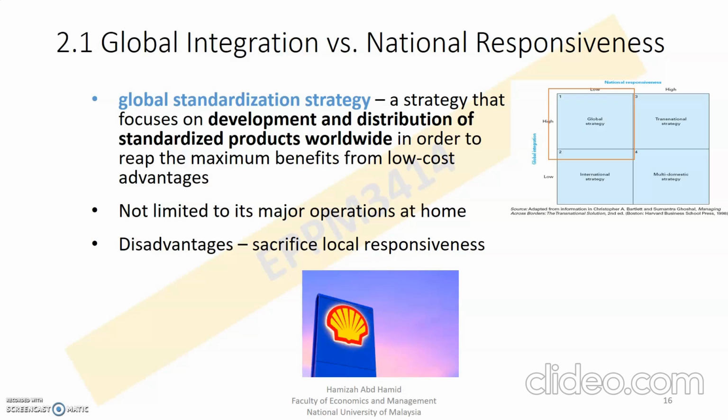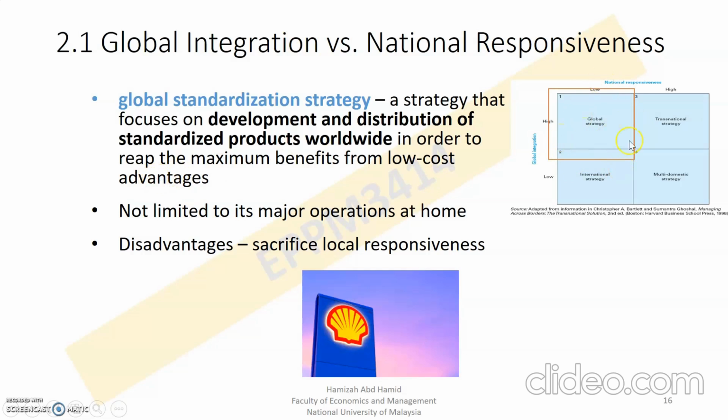So this oil and all of this raw material are being processed in another location, and to be sold in a lot of markets. So here the need for global integration is high. Not all countries have a high amount of oil or raw material. Therefore, they want to benefit from low-cost advantages.